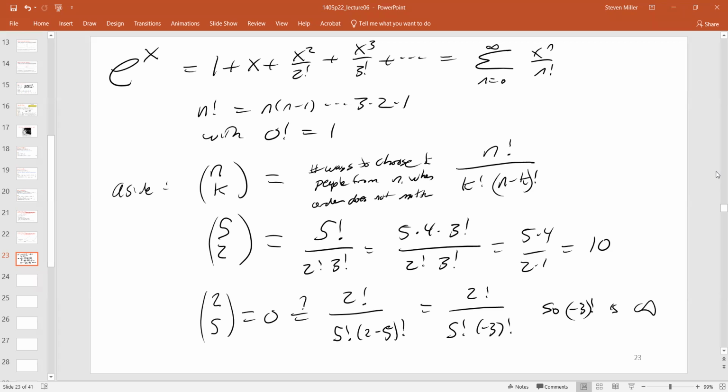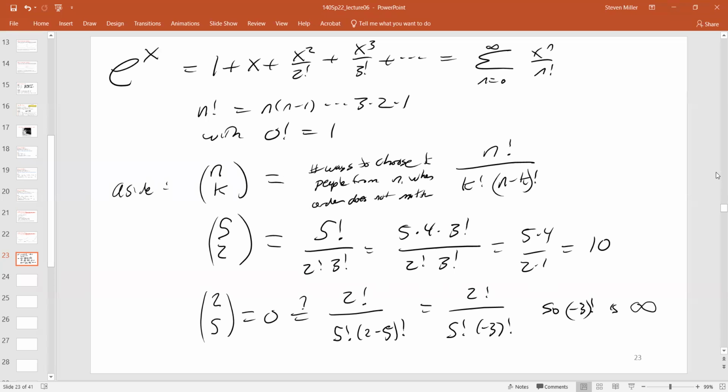So it turns out you can extend the factorial symbol, and when you extend it, negative 3 factorial, in fact, any negative integer factorial will be infinity. Yes? So what does factorial exactly mean for negative numbers? Well, for positive integers, there's a combinatorial interpretation.